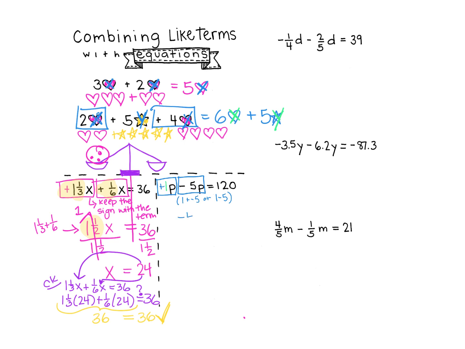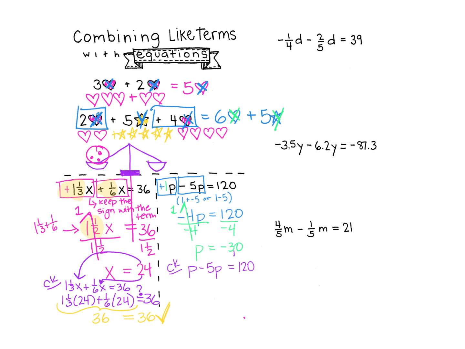That's going to give me negative 4p is equal to 120. From here, I can divide by negative 4 on both sides of my equation. Negative 4 divided by negative 4 is 1, so that leaves 1p on the left, and on the right we get negative 30. Now we have to check.